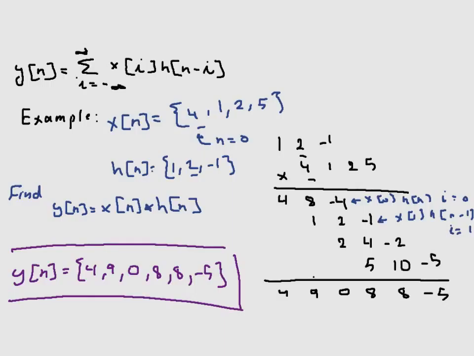This sequence is my result for the convolution, y[n]. We also need to make note of n equal to 0, which is located right here, and that's the convolution sum.